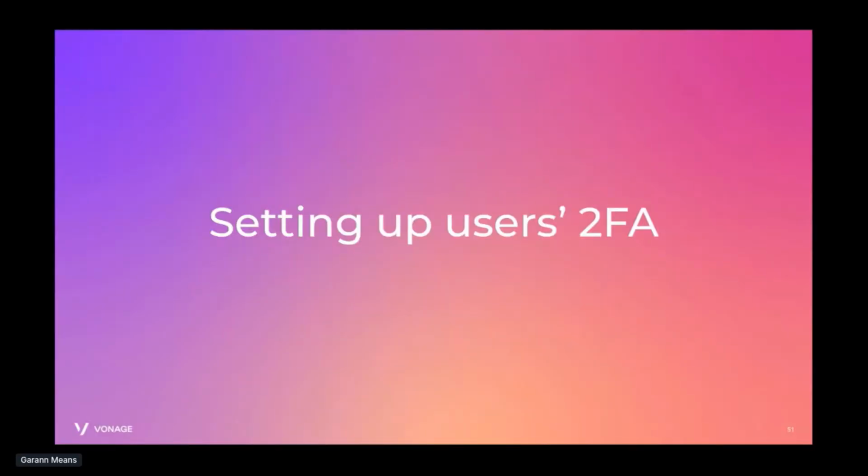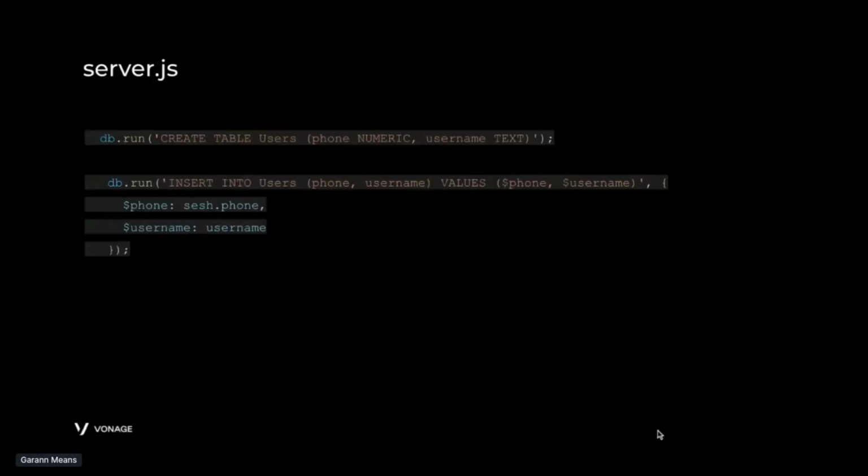So if we're setting up users' 2FA, we're going to need to collect that factor from them, obviously. And so we do that in server.js, and we've already actually done this. When we looked at creating our databases, and when we looked at the registration function, we created a table for users, and that has a phone number and a username.